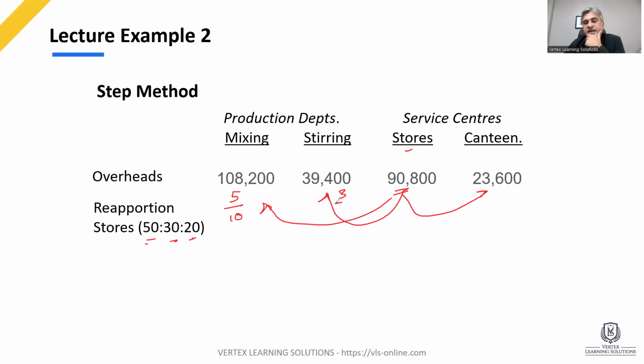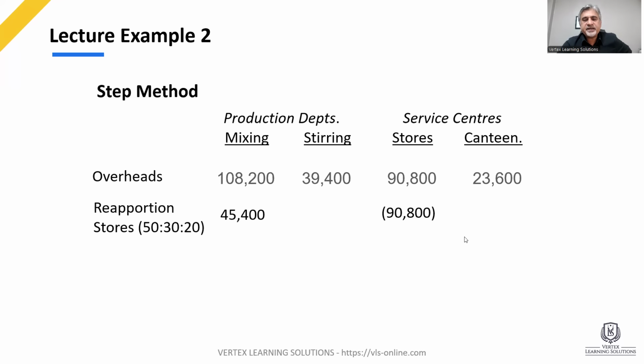It will take 3/10 of this 9,800, and this will take 2/10 of 9,800. So 9,800 multiplied by 2/10 should come here. 9,800 multiplied by 3/10 should go there. Very simple, basic mathematics, okay? So 9,800 is divided between these three departments. So this becomes 0. Now store becomes 0.